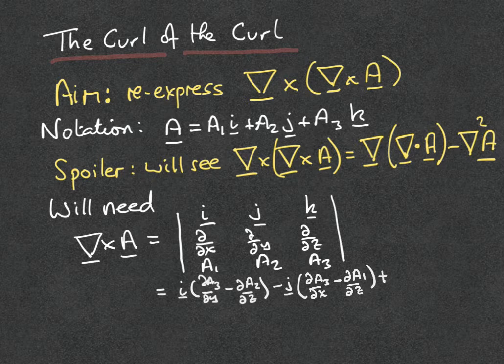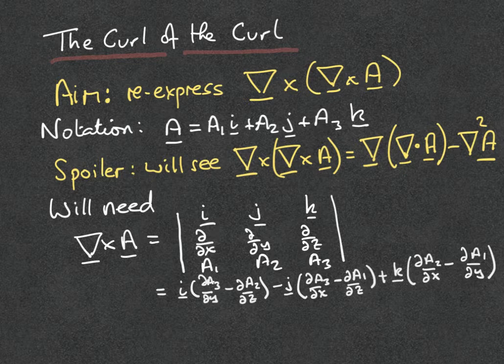And then we add, and now in the k direction we ignore this row and this column, and we have the derivative of A2 with respect to x minus the derivative of A1 with respect to y. So we have dA2 dx minus dA1 dy, close brackets.